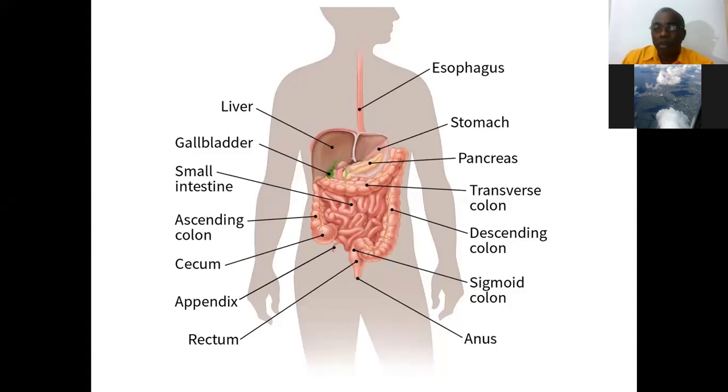And a small amount goes to the small intestine by a process that they call peristalsis, in which one part of the intestine closes off and pushes the food along.